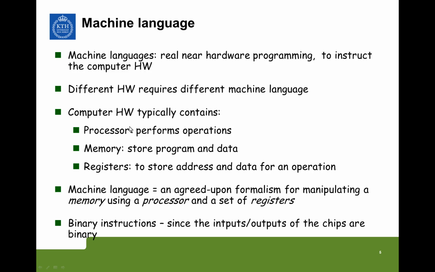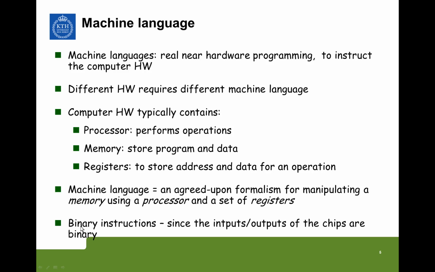This performs the operations, memory to store the program and the data the program operates on, and registers to store some data temporarily, data like addresses and data for operation. So we can say that the machine language is a formalism to manipulate the content of the memory using the processor and the set of the registers.